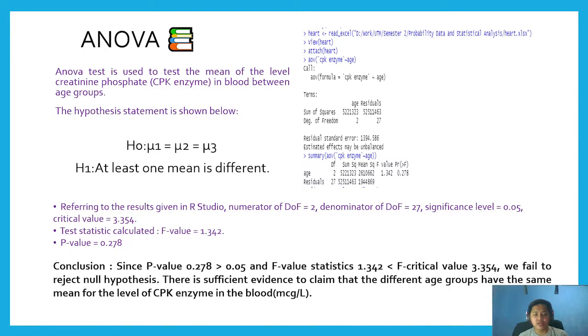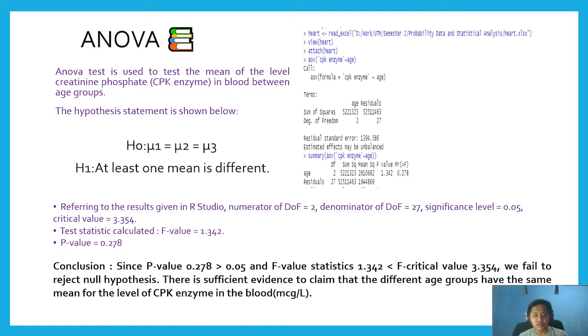And then, also based on the results in RStudio, the test statistic calculated is F value equals 1.342, and then the p-value from the results is 0.278.